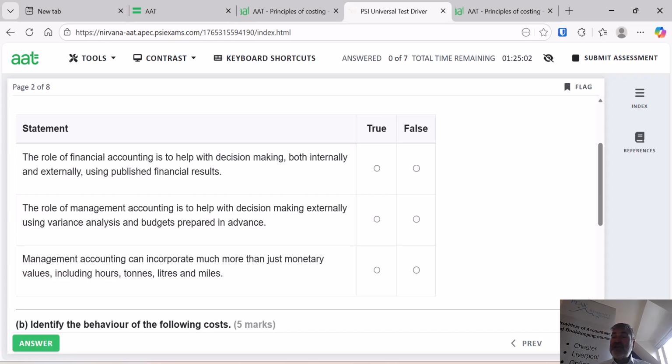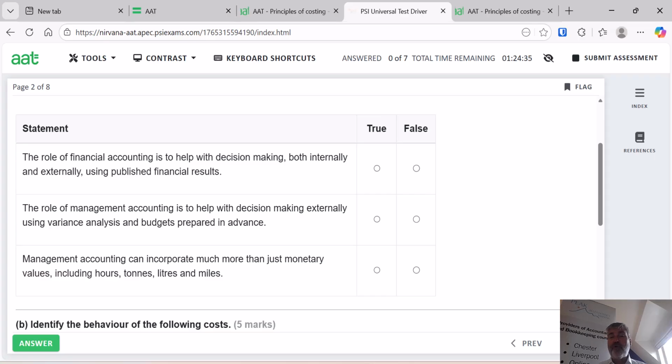In reality, in many businesses, this could be a murky distinction between the two, but the general rule of thumb to follow, particularly for your AAT exams, is that financial accounting is focused on producing the financial statements of a business. That's to say, the statement of profit or loss and the statement of financial position.